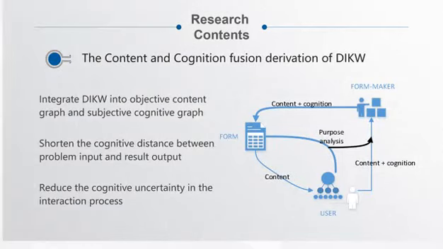We built a DIKW map of content and cognition and carry out integrated reasoning of content and cognition, shorten the cognitive distance between problem input and the result output, and reduce the cognitive uncertainty in the interaction process.